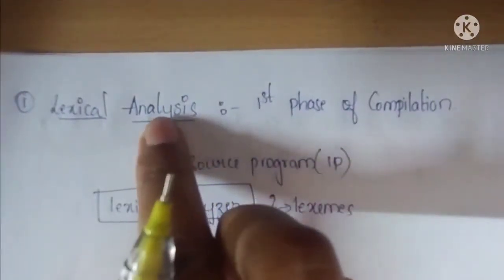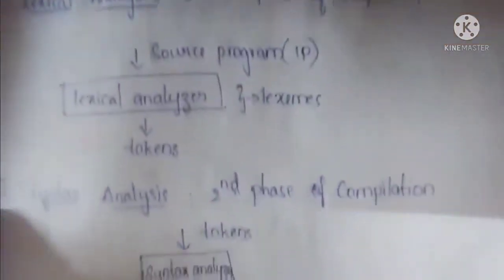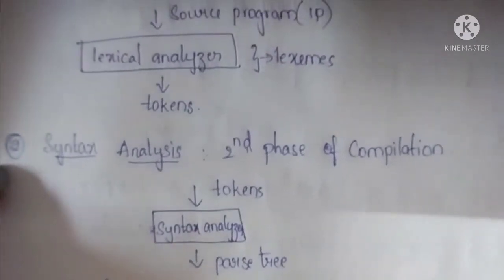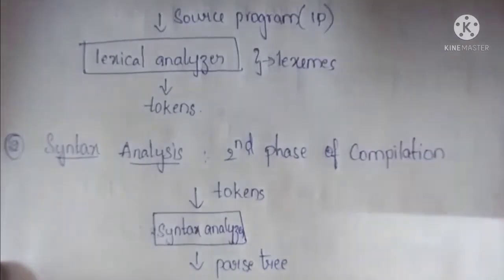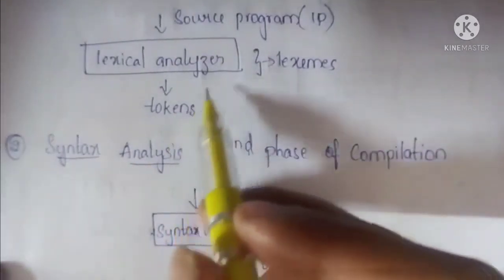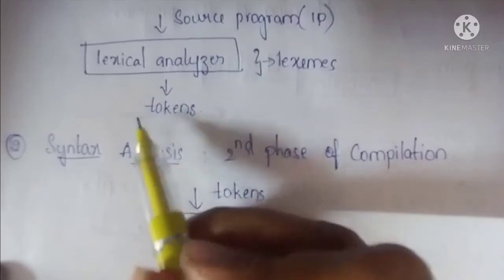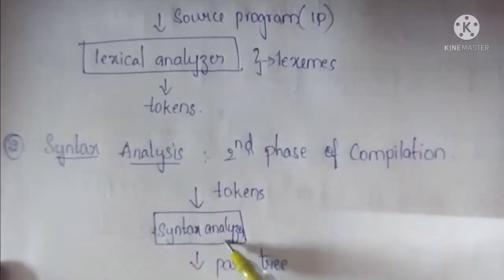Next we will see the second phase of compilation, that is syntax analysis. What is the output of the first phase of compilation? That is tokens. These tokens will act as an input to the syntax analyzer.